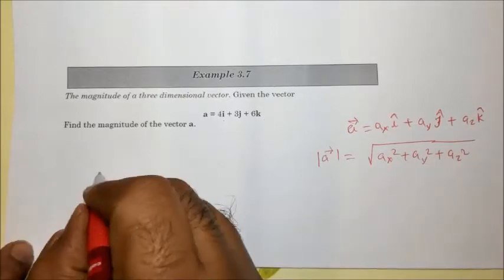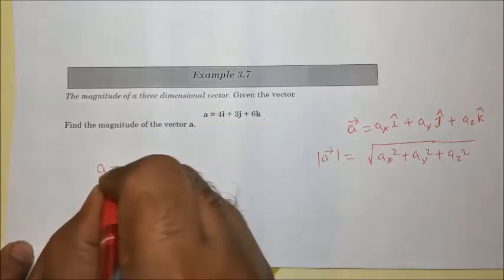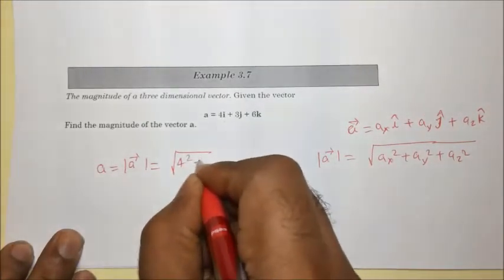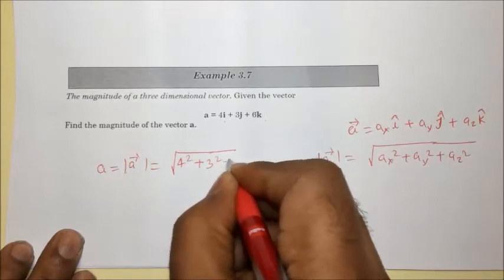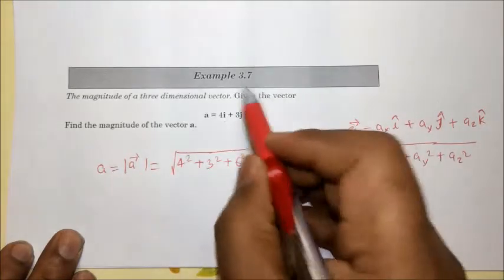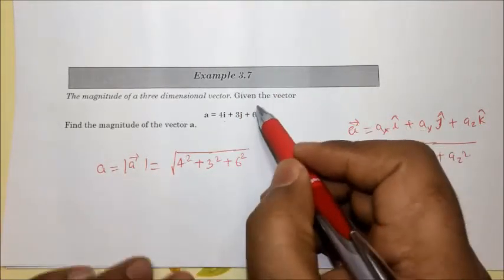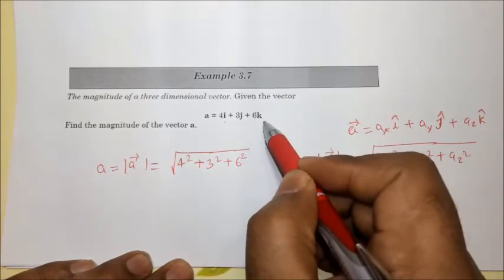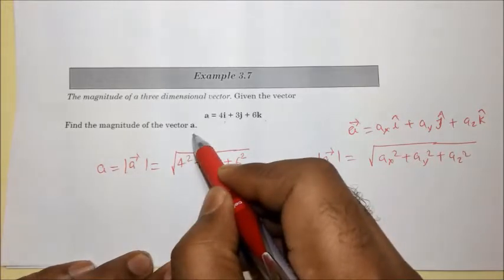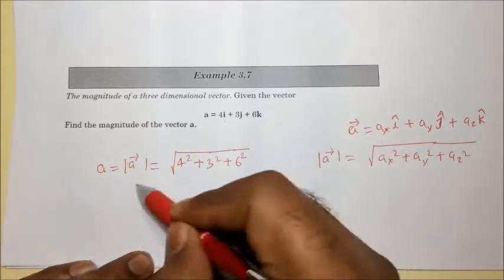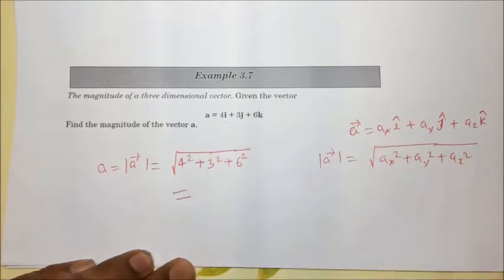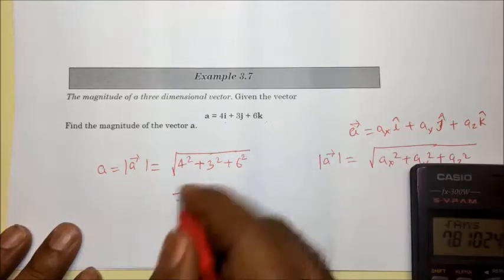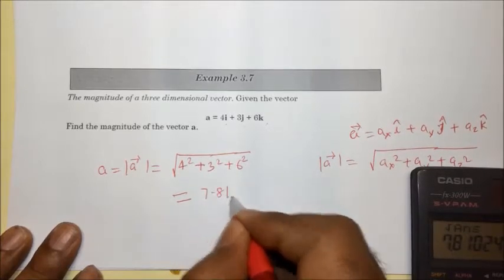This is example 3.7. Given the vector A equal to 4i plus 3j plus 6k, find the magnitude of vector A. The magnitude is going to be square root of 4 square plus 3 square plus 6 square, which is 7.8.